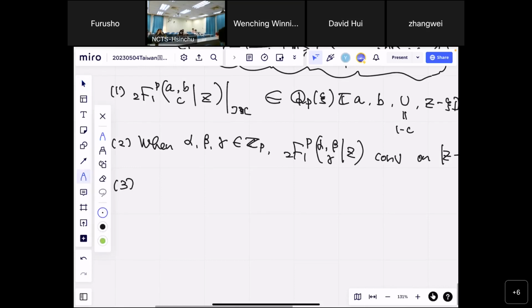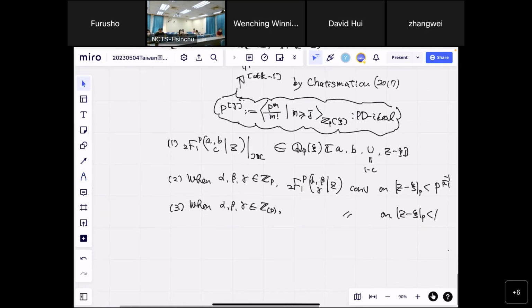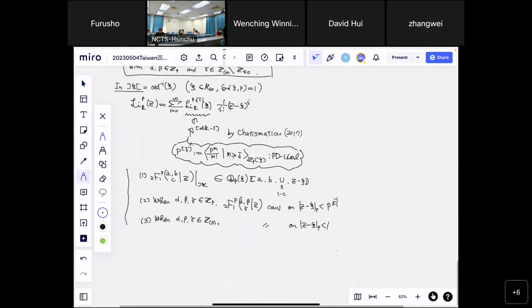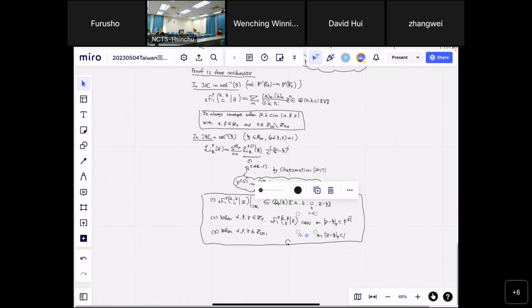If you say they are all rational, in that case, you can show that this converges on the open unit disk. This is my argument. So for the residue at roots of unity, we don't need to assume alpha, beta, gamma are rational.